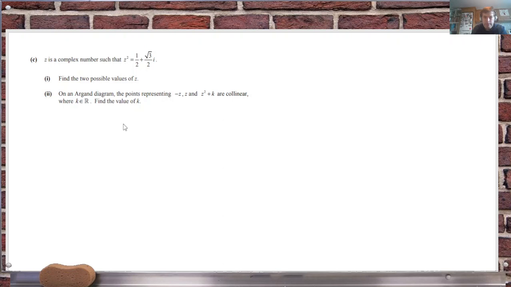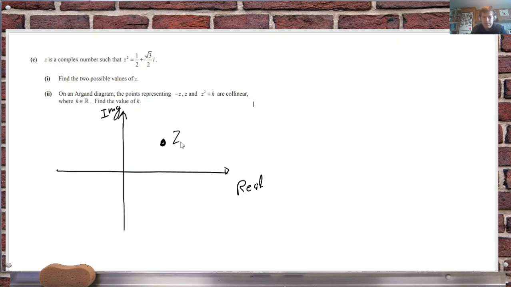Right. So let's just put z somewhere generically. Imaginary axis, real axis. We'll just put it here, z.